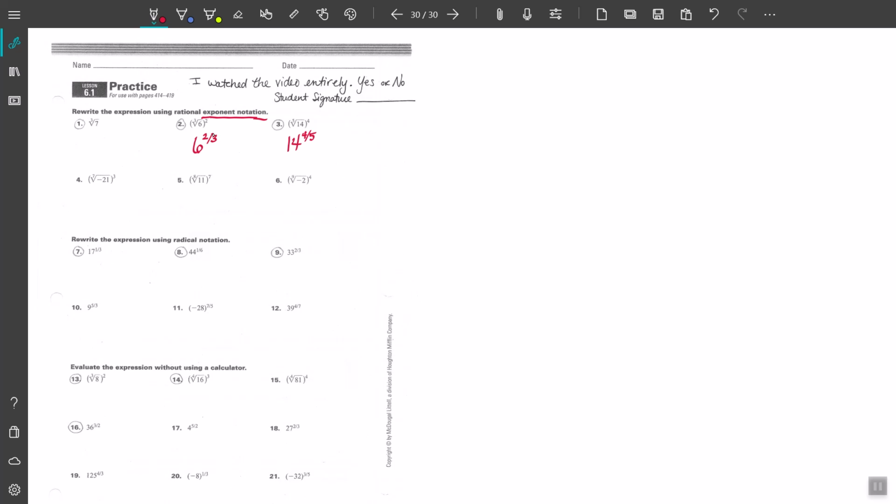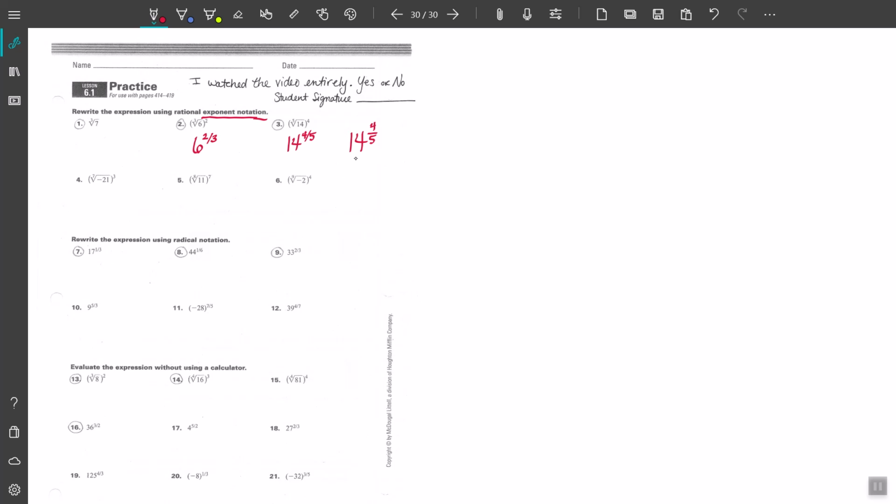If you notice, I'm writing the exponents with a slanted line as the fraction bar, instead of writing the numerator directly above the denominator. The reason for that is just to be a little bit clearer. You can make it a little smaller when you write it with a horizontal slash.